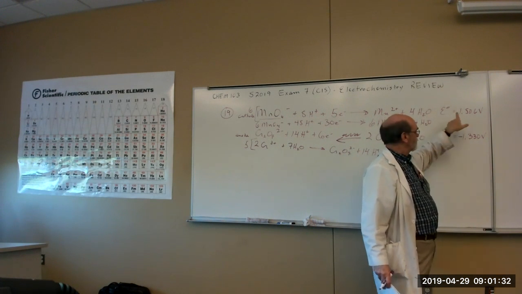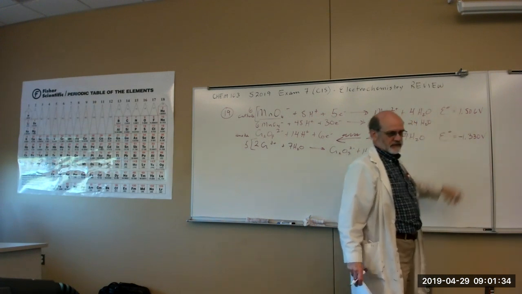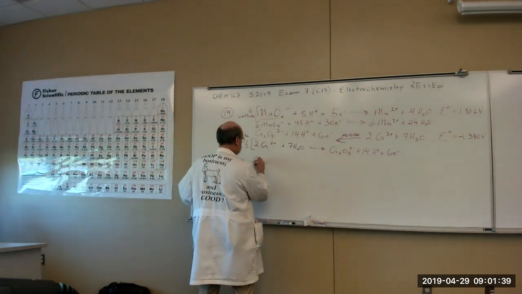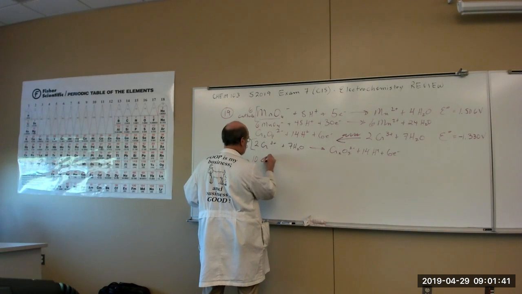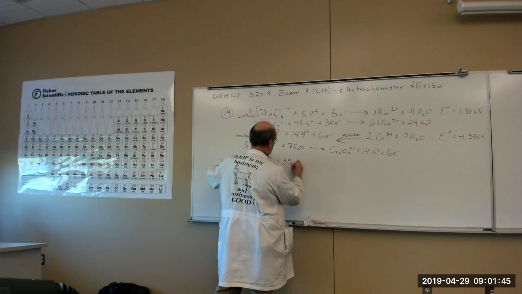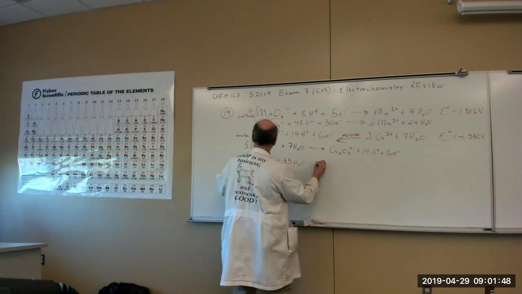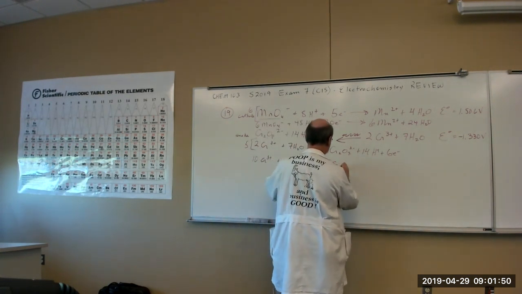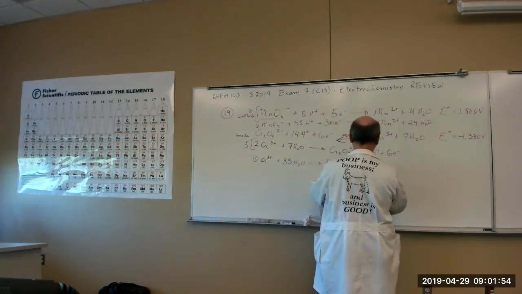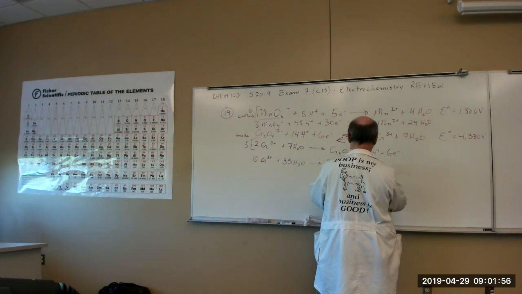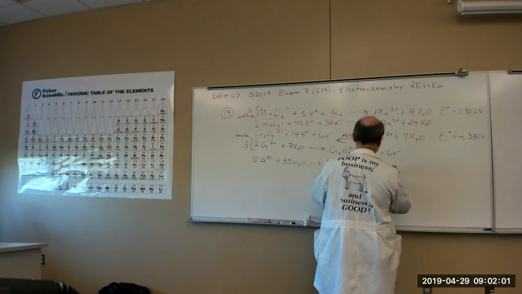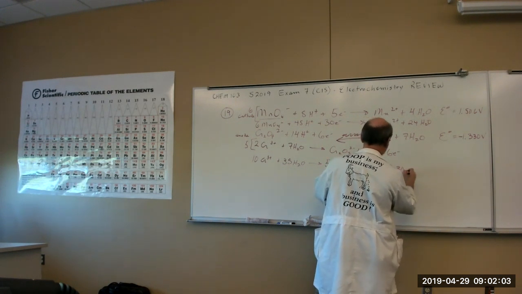No matter what we do to this, that standard potential still exists as is. Okay, this one becomes 10 Cr3 plus, and 5 times 7 is 35 water, and 5 Cr2O7. And 5 times 14 is 70 hydrogens plus 30 electrons.